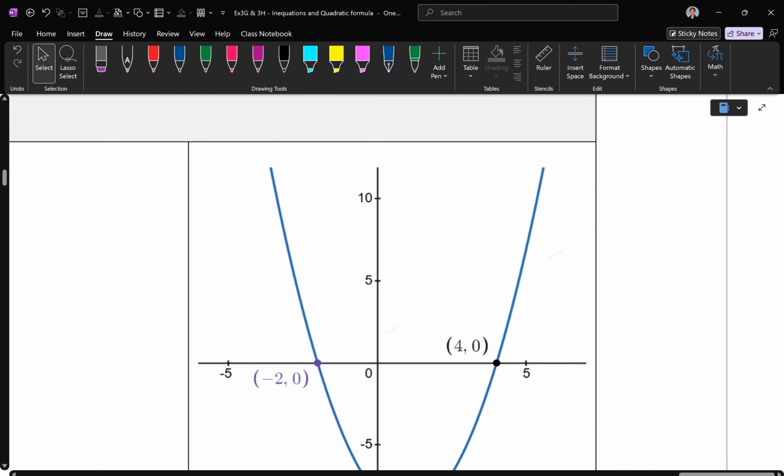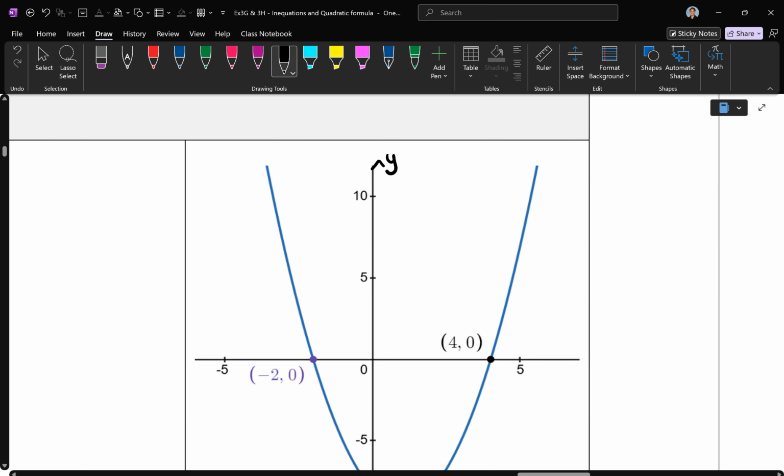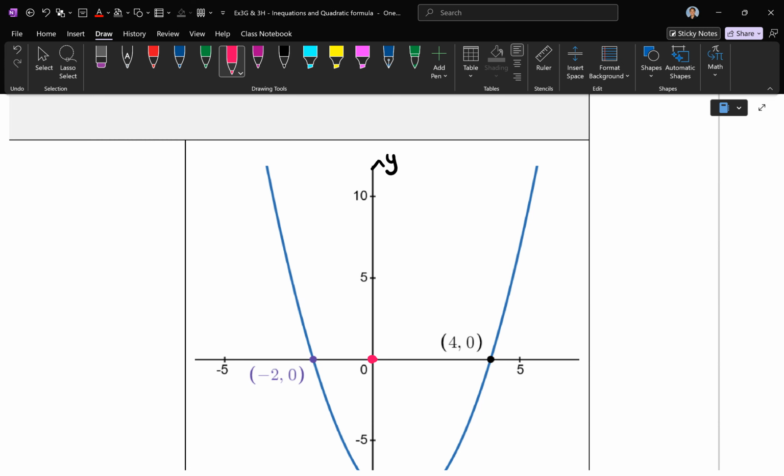Now, if you look at your y-axis, when is y 0? Well, 0 is literally right here. So when you say y equals 0, you're questioning on this graph, when does it actually equal 0? And that's why it's your x-intercepts, these points. That's what equals means. It means that at that exact point, the y-coordinate is exactly 0.